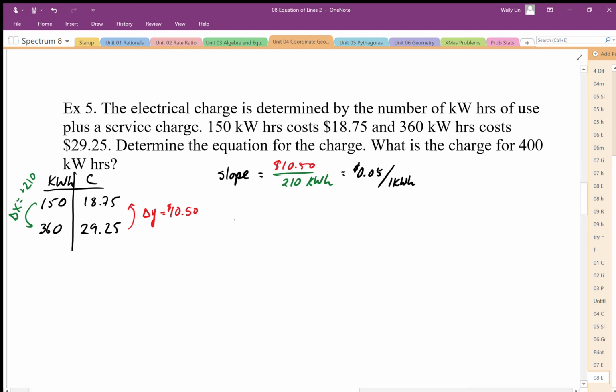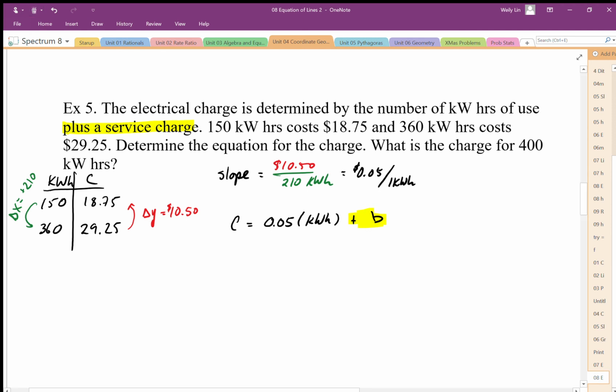I have my charge is equal to my rate times the number of kilowatt hours plus some starting value, which is our service charge. I want to be clear that the starting value is my service charge, that plus b. And it definitely looks like that's the case in my relationship.